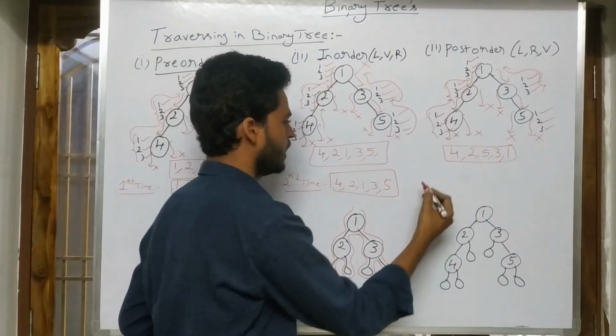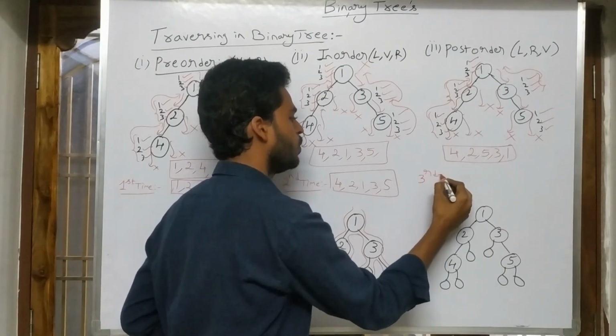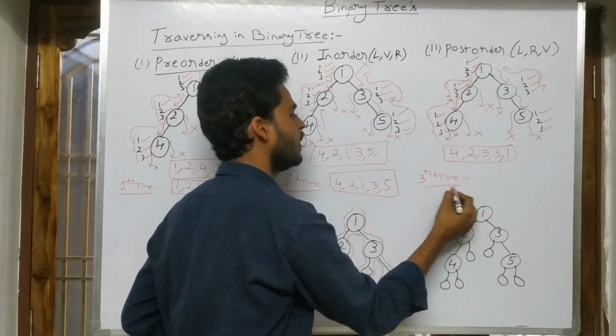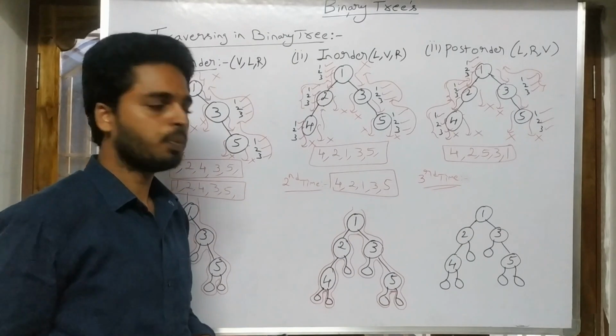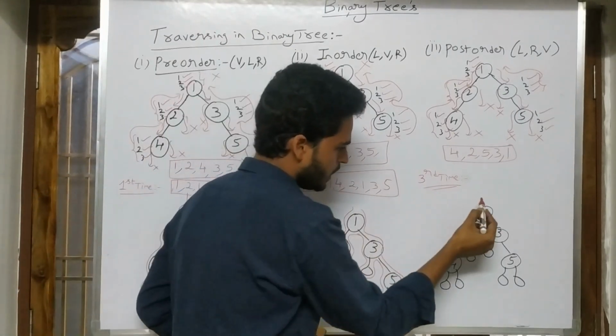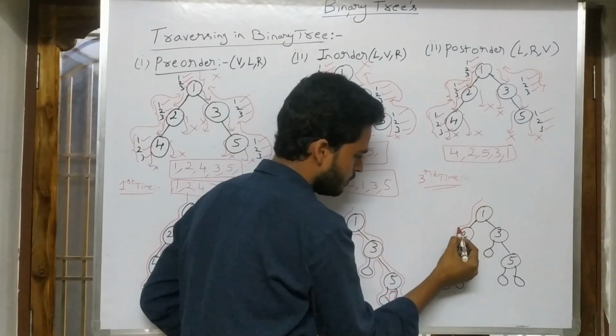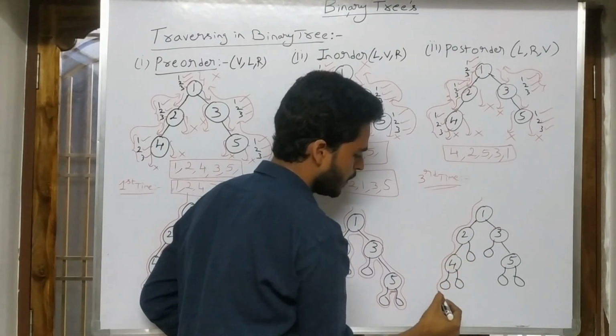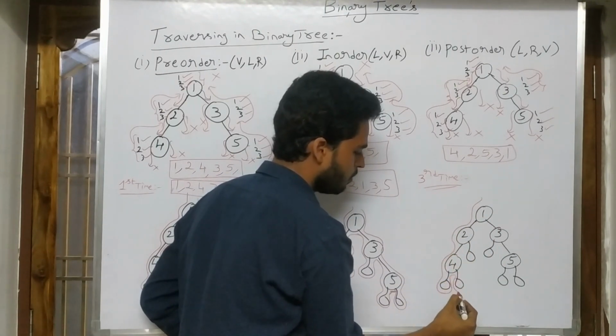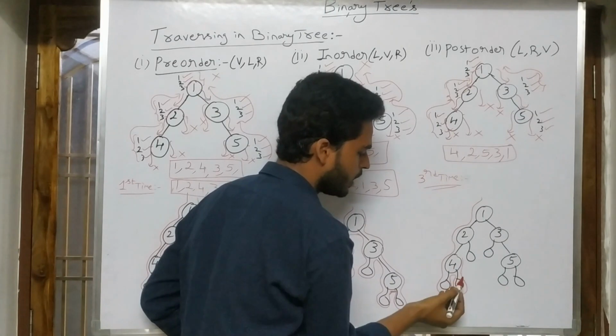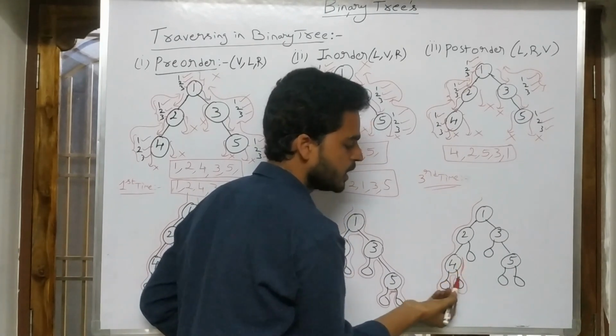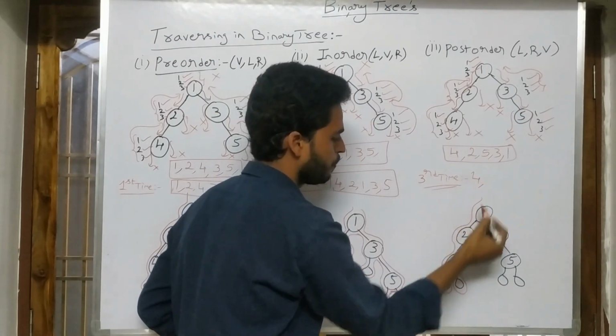Let's see the shortcut technique for this one. Whenever you are visiting a node for the third time, we will print the data. I am visiting for the first time, first time, first time, then second time, then third time. Just see, visiting for the third time, so I will print 4.